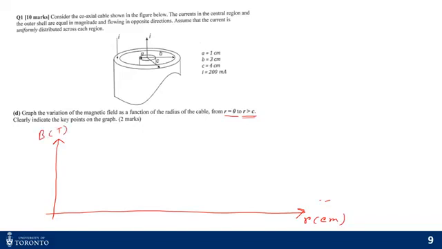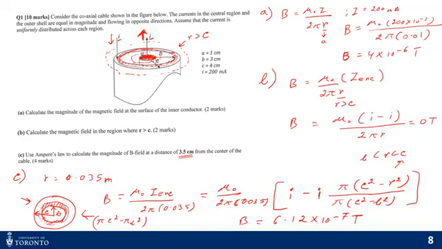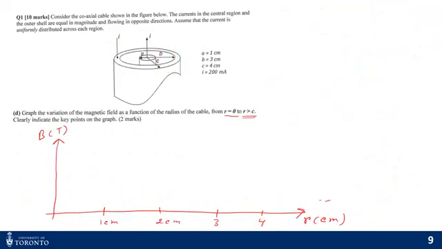I'm looking for the magnetic field, which is in Tesla. That's 1 centimeter, this is 2 centimeter, this is 3, this is 4.